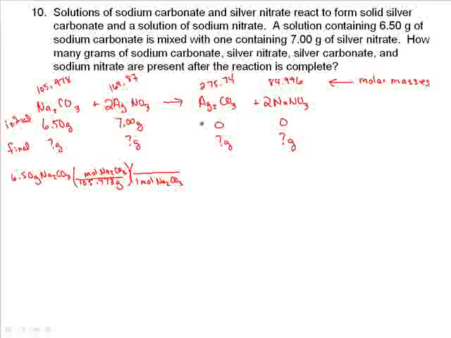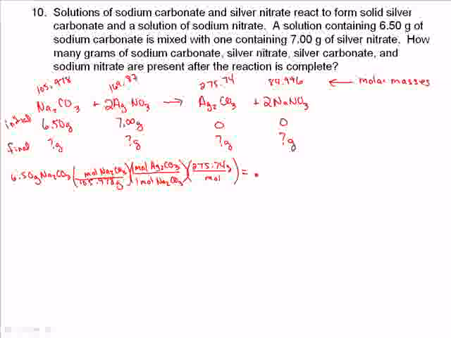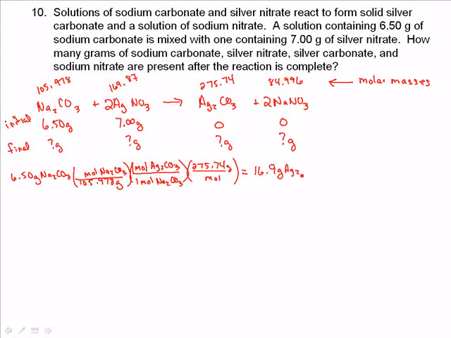It doesn't matter which product you use as long as you use the same one for each calculation. So for every 1 mole of silver carbonate, I'll convert that to grams, 275.74 grams per mole, and I get 16.9 grams of silver carbonate.